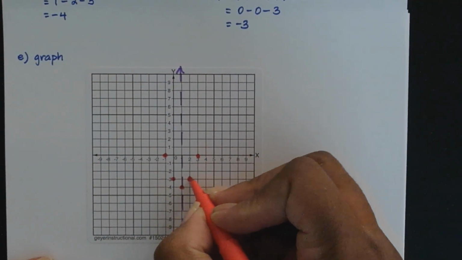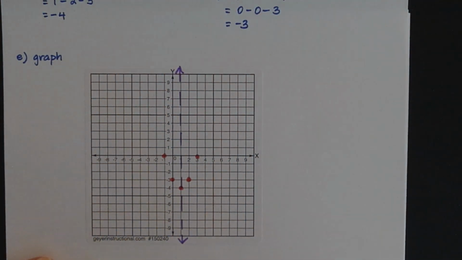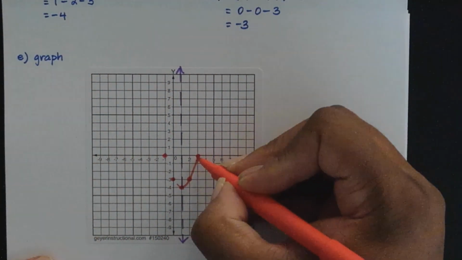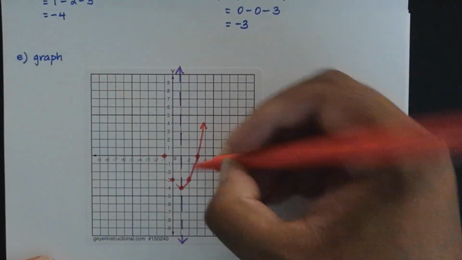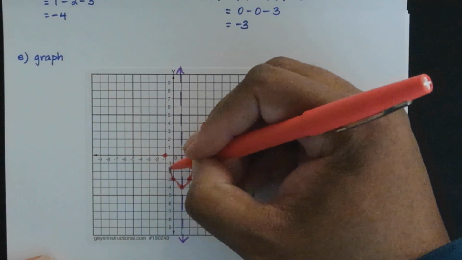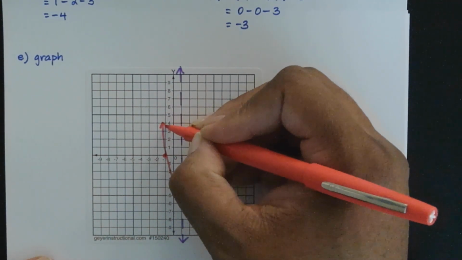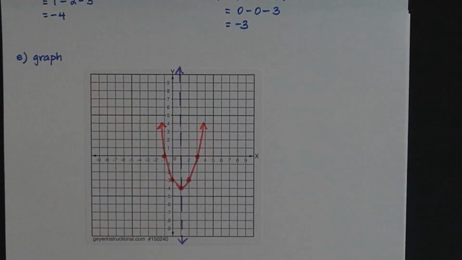So that point would be right here. And then from that, I'll go ahead and draw the graph of that parabola. So that's the graph of f of x equal to x squared minus 2x minus 3.